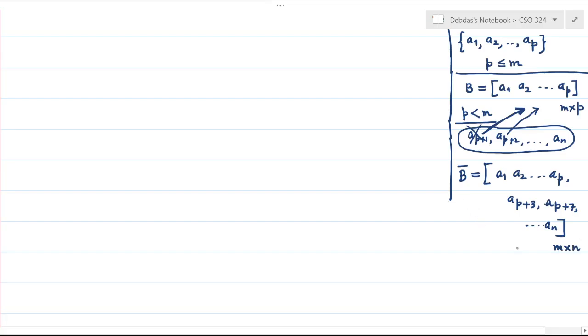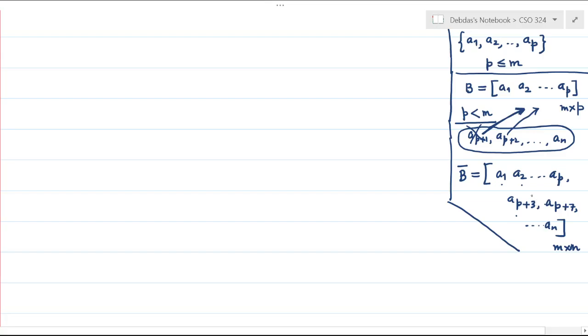And in this way you have a matrix B bar, and with this B bar you now consider the basic variables. What are the basic variables? The basic variables are your x1, x2, ..., xp, xp+3, xp+7, ..., and xn.